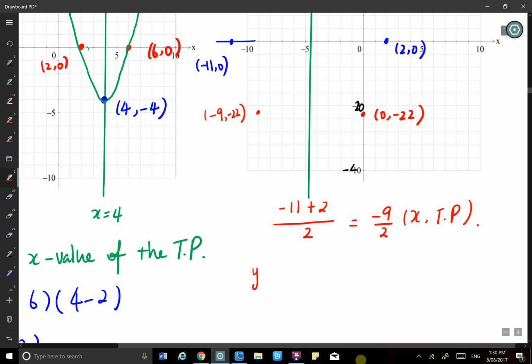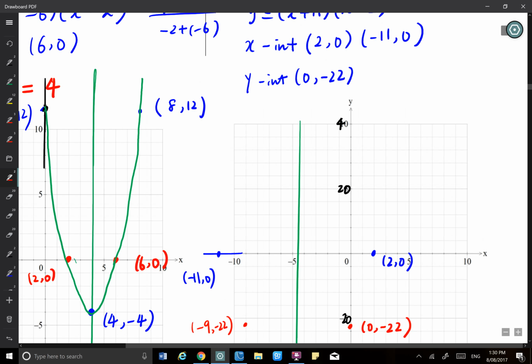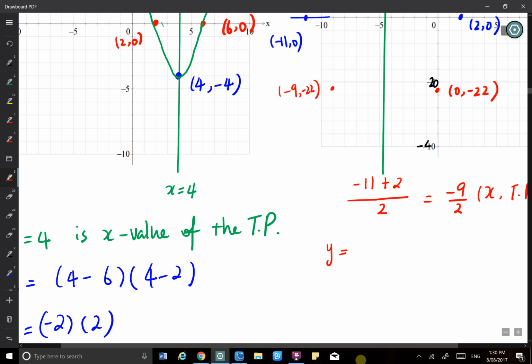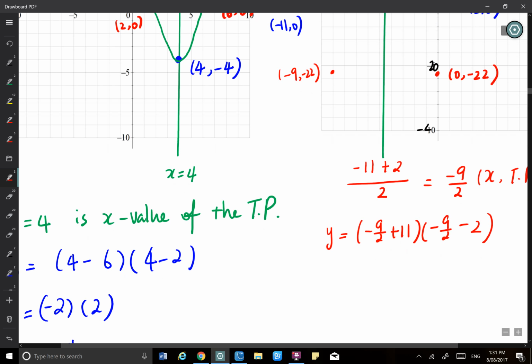Let's look at what is the y value for the turning point. So the y value will be negative 9 over 2 plus 11, negative 9 over 2 minus 2. Okay, that's what we will have.